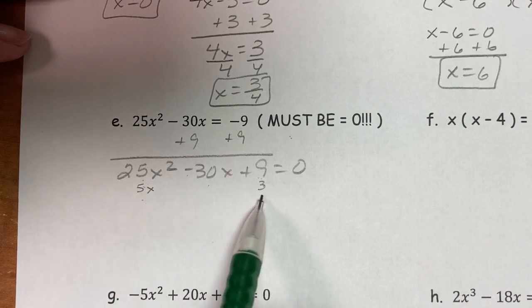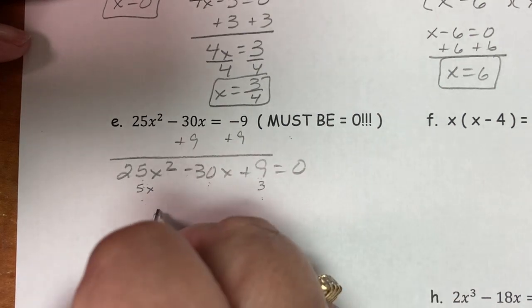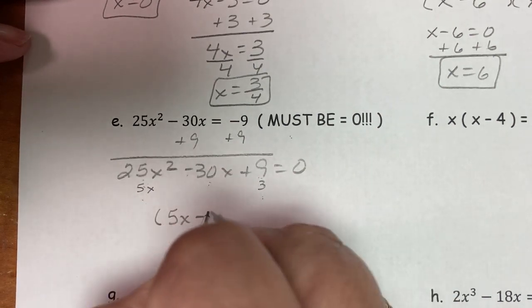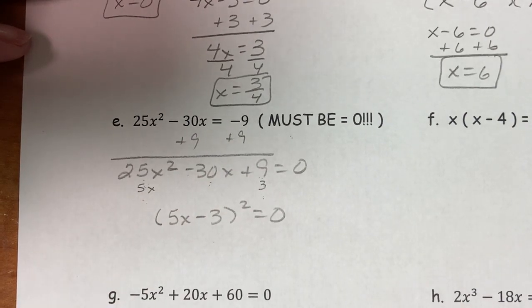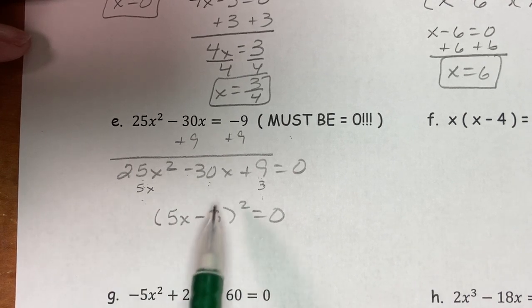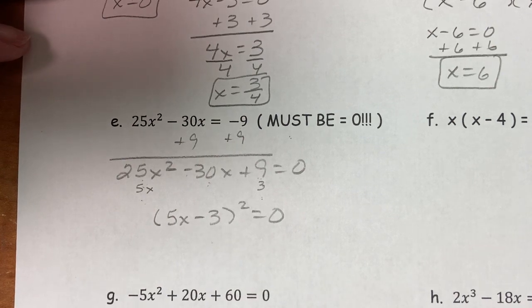Well, 5x times 3 is 15x. Double that, I do get 30x. So this factors as (5x minus 3) quantity squared is equal to 0. Now again, if you just start putting down two sets of parentheses and factoring in the old-fashioned way, that is absolutely fine.